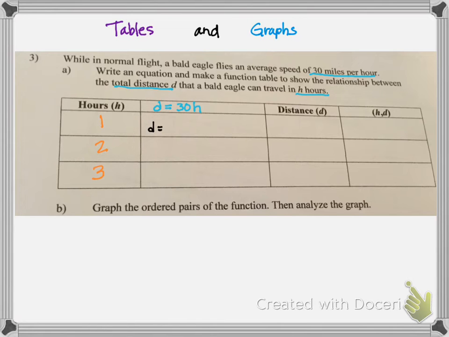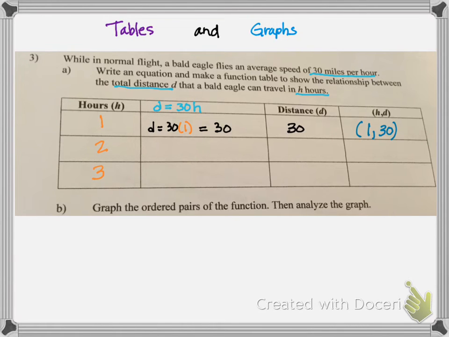So we have D equals 30 times 1, and that equals 30, which then becomes our distance. And we're going to write it together as an ordered pair. So input is 1, output is 30.